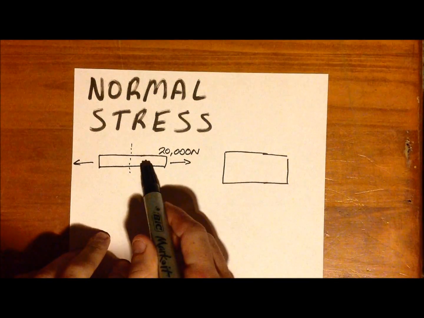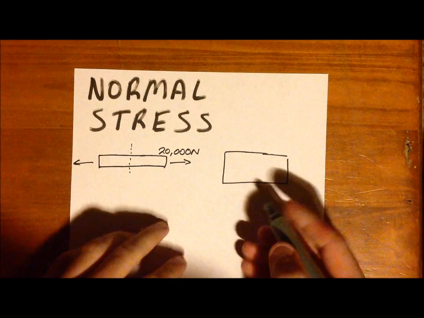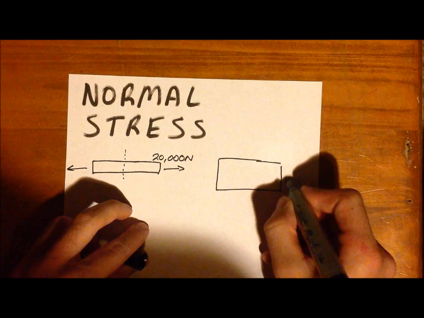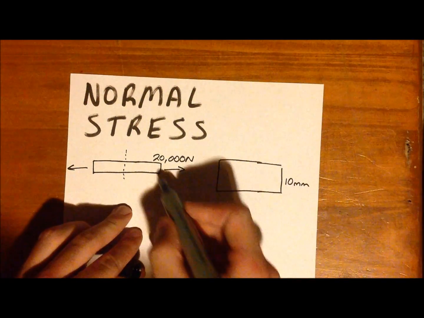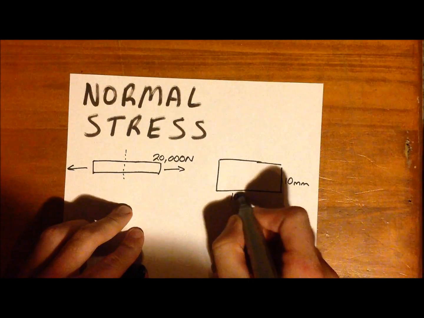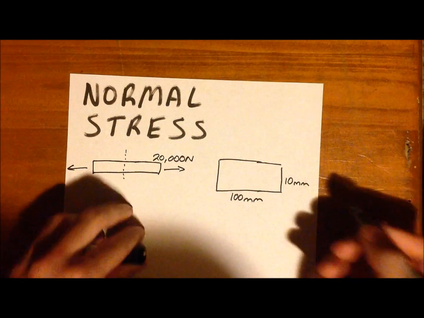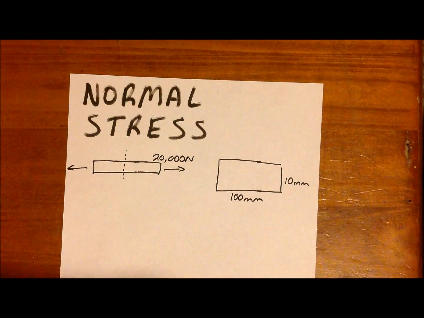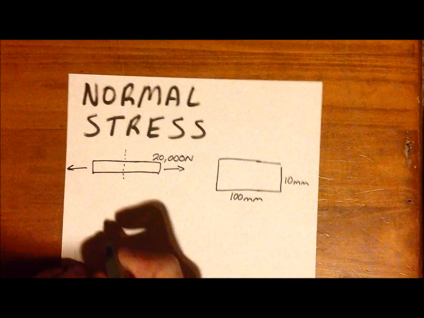Say this beam has a cross-sectional area with a height of 10 mil and a depth of 100 mil. The way we calculate normal stress is just like the regular stress formula.